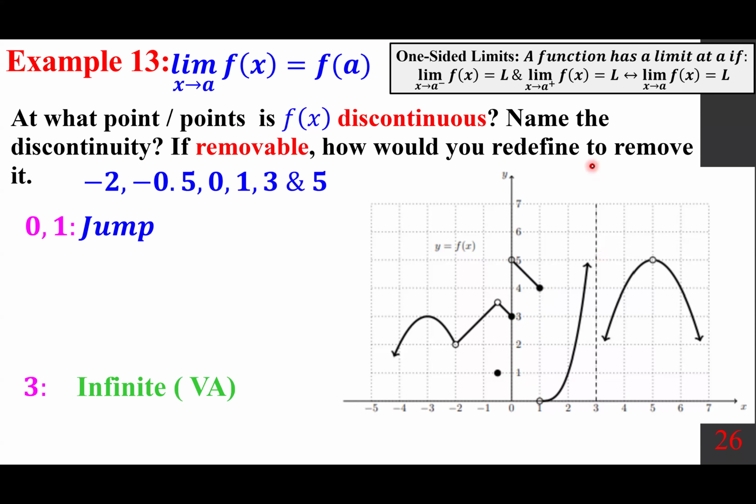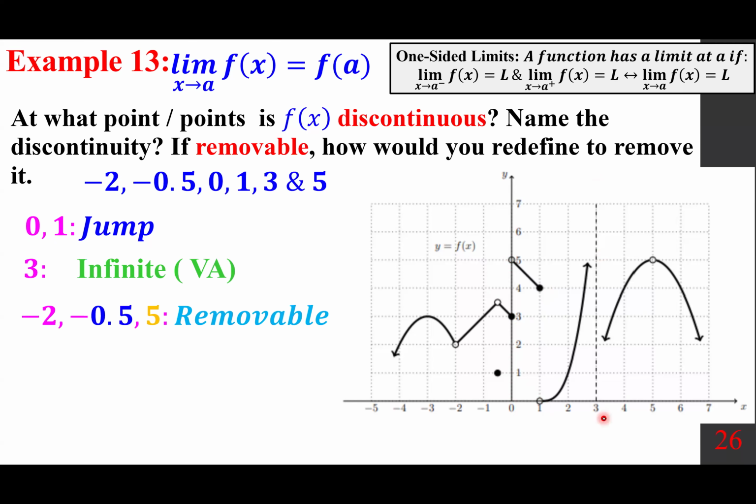Infinite or vertical asymptote. So number 3 is an infinite or vertical asymptote. The rest of them are all removable. That means -2, -0.5, and 5 are removable discontinuities. That means there is a way to fix them, and that's what we are going to discuss.